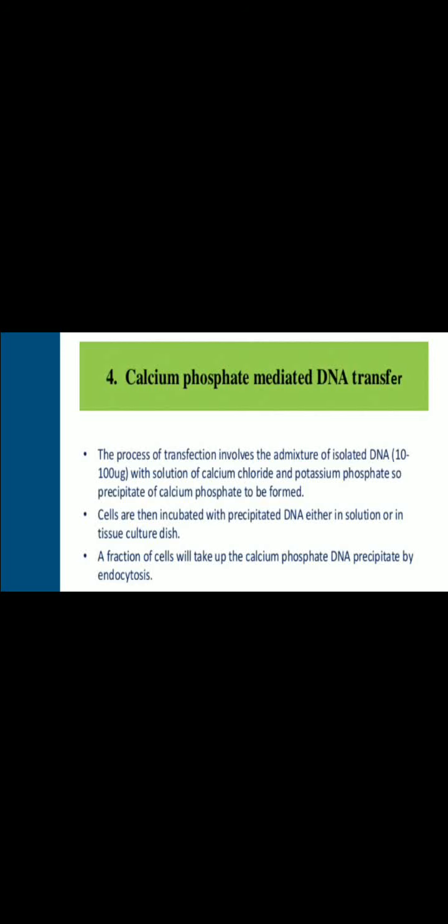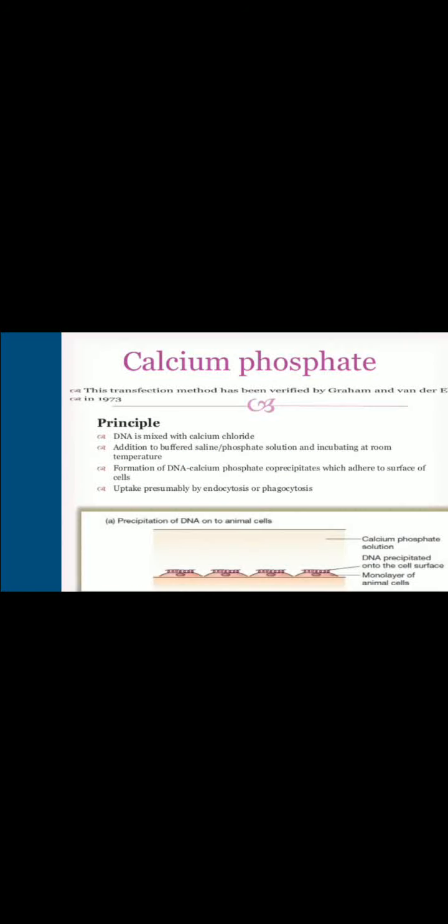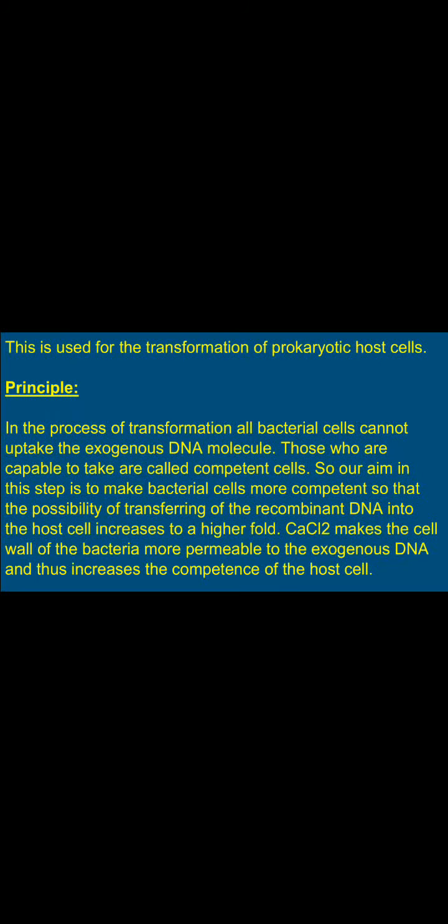This calcium phosphate is incubated with DNA, and that will form a precipitate, and that precipitate is taken up by bacteria with the help of endocytosis. So, the bacterial cell takes up the DNA with the help of endocytosis, and the DNA becomes part of the bacterial chromosome. This method is used for the transformation of prokaryotic cells mainly.